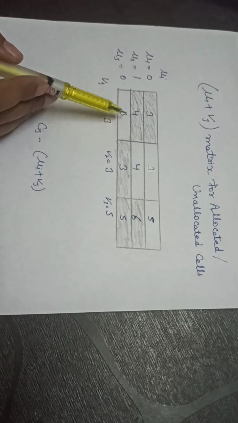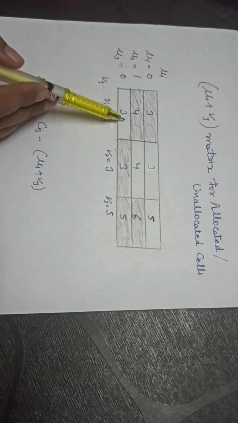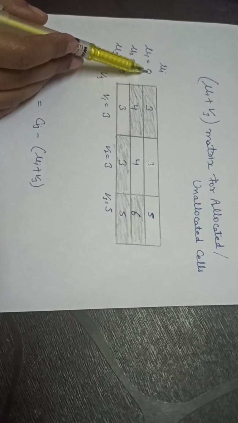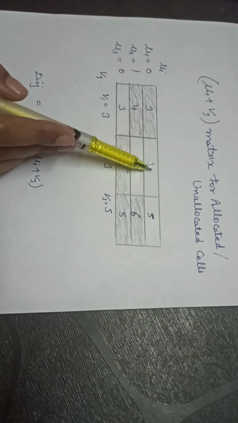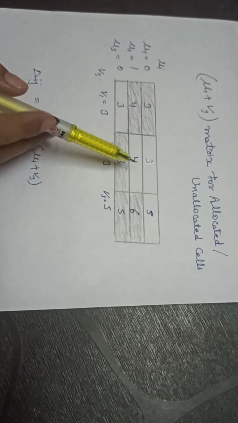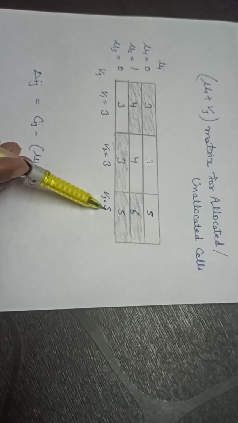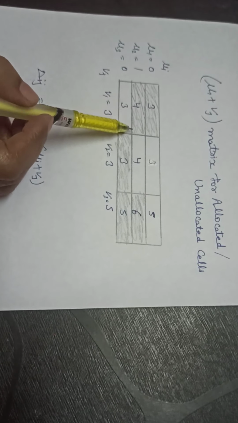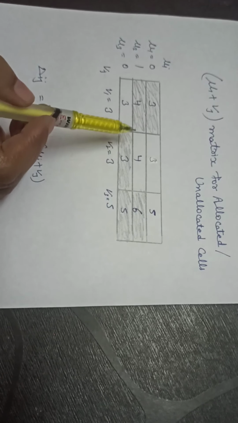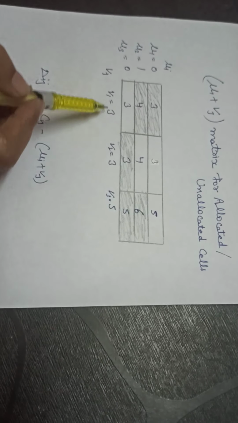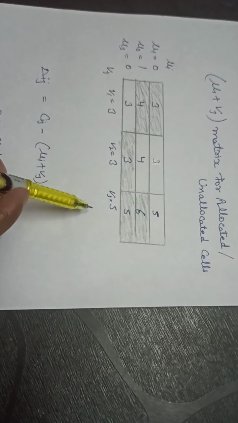Now we will write values in the blank, unallocated cells. 0 plus 3 is equal to 3, 0 plus 3 is equal to 3, 1 plus 3 is equal to 4, 0 plus 5 is equal to 5. Now we have all values in allocated and unallocated cells. So this is our Ui plus Vj matrix.